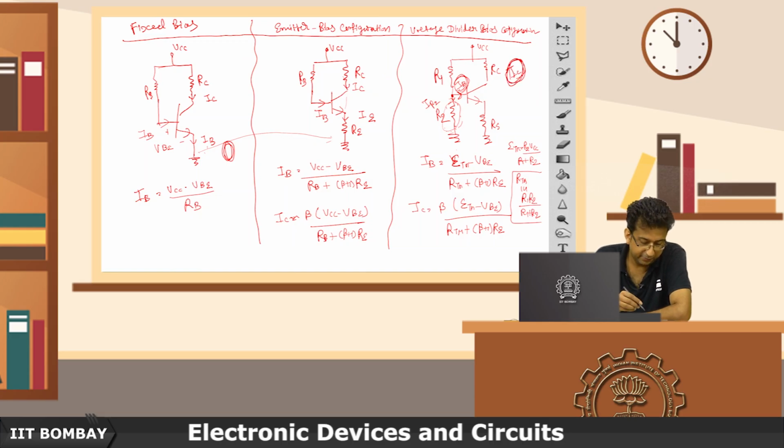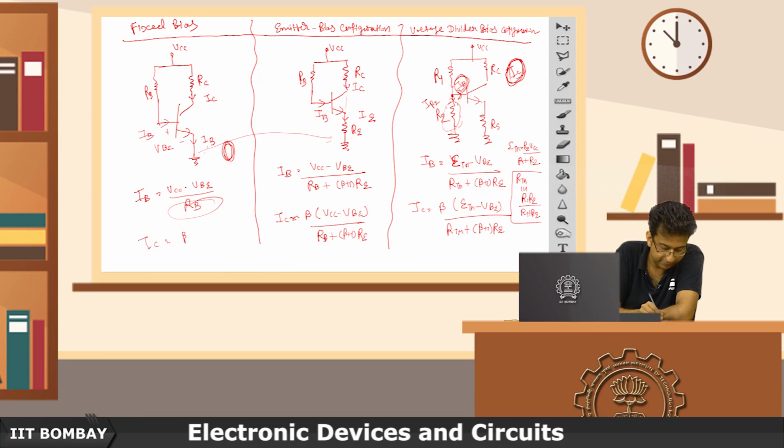And here we don't have any term in the denominator. This is what we discussed in the previous lecture. So if I say IC here is beta times VCC minus VBE divided by RB, you can see IC will increase dramatically, right? There is no one to control the change in beta here.